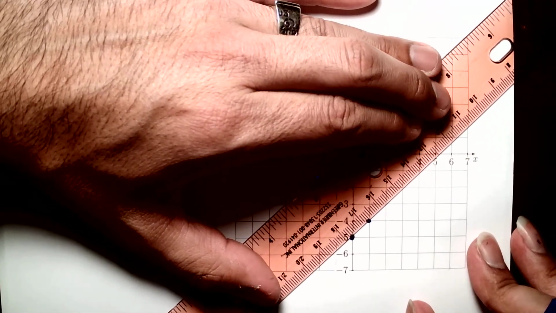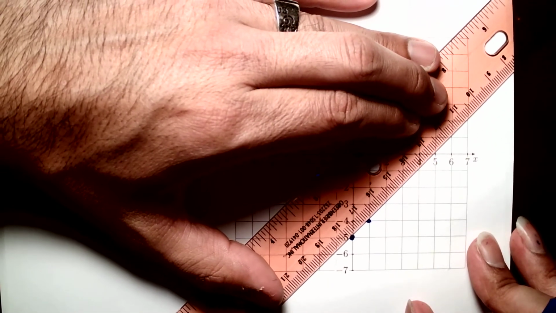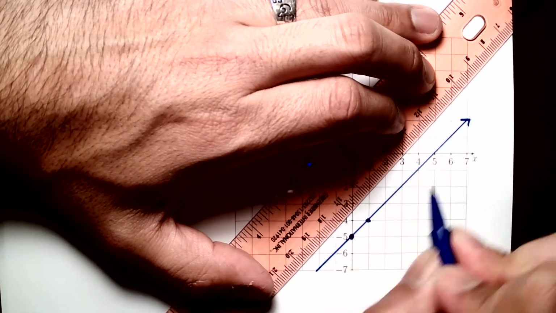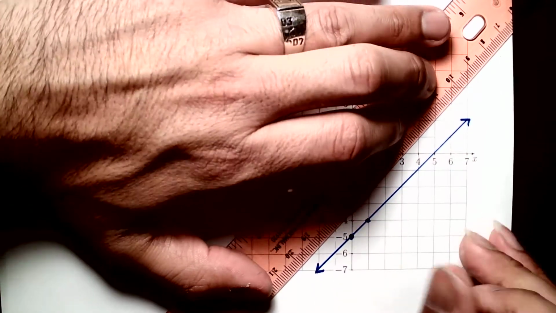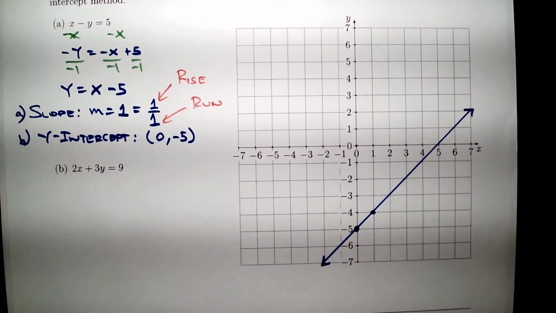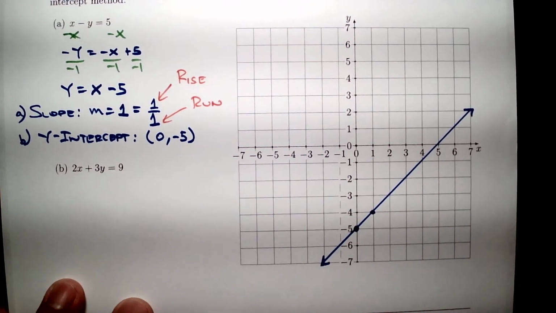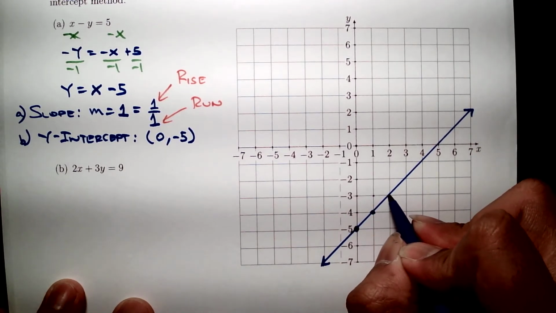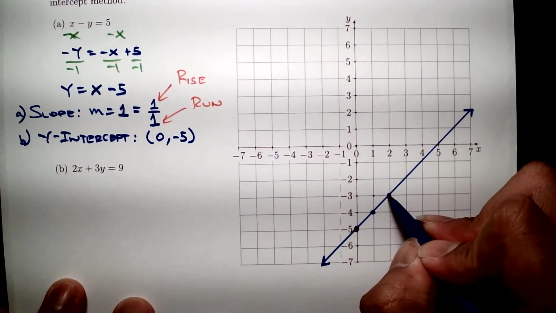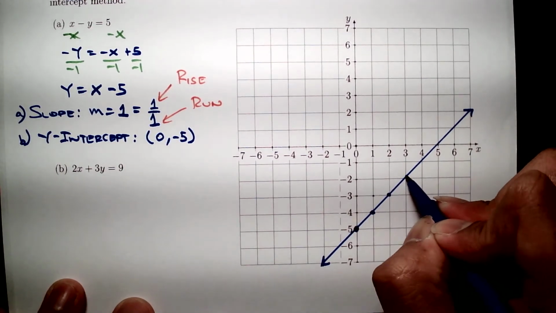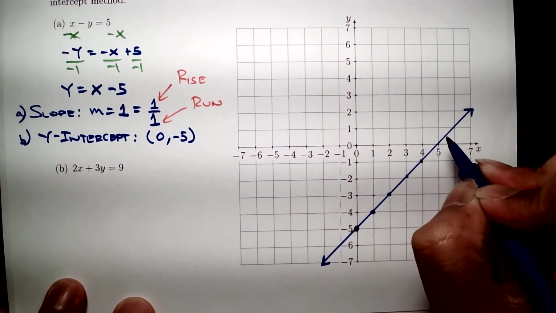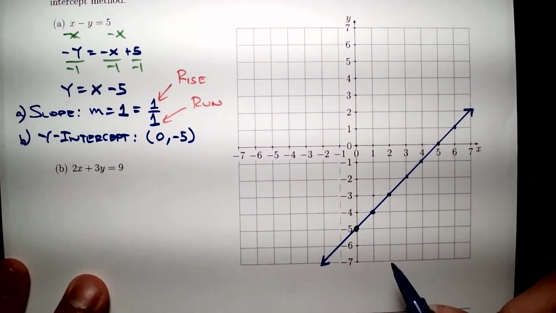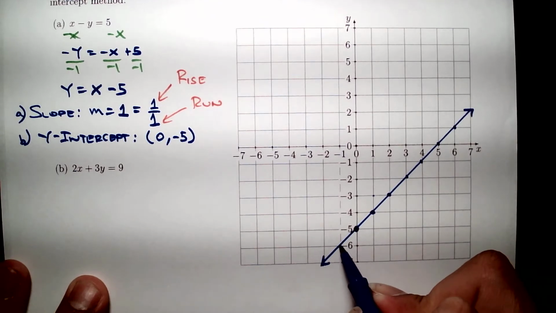That's the equation of the line. If you keep doing rise 1, run 1, you are still on the line, etc. Otherwise, go down 1, go back 1.